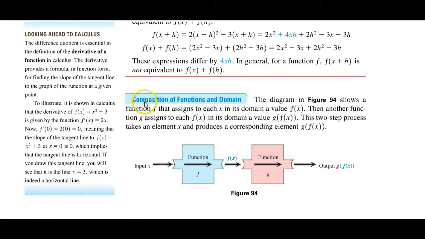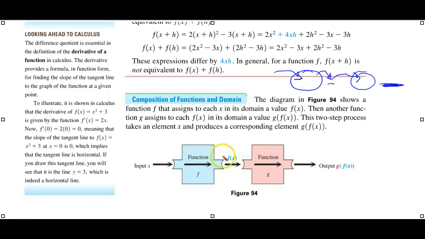Now, composition in general means this. In a very simple way, you're inputting something into a machine. You get an outcome. You take that outcome, put it into the next machine, and then this gives you your end item.